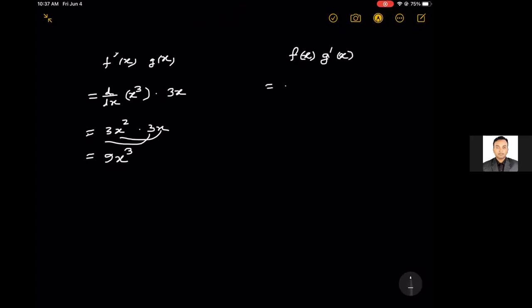So f of x was x cubed, we'll keep that and find the derivative of the second function, which is 3x. What's the derivative of 3x? 3 is a constant. Using the constant rule, we can keep it outside. And the derivative of x is 1. So x cubed times 3, if we simplify it, is 3x cubed, right?